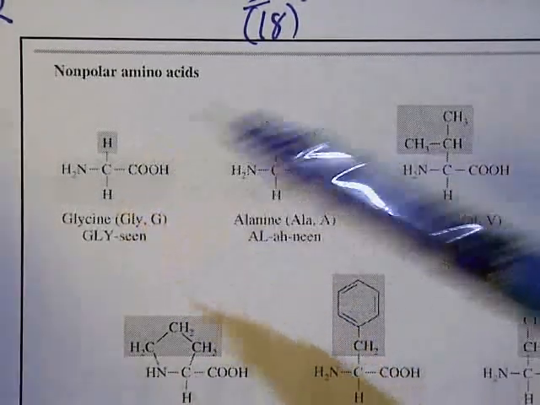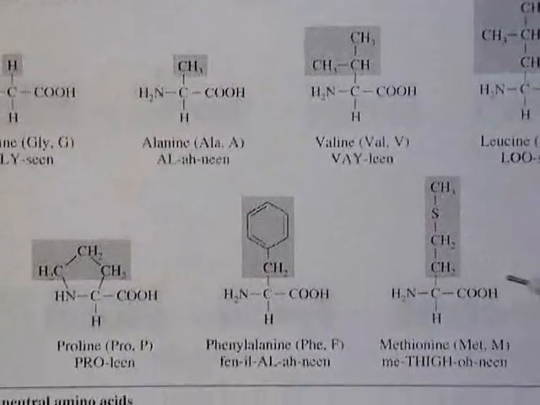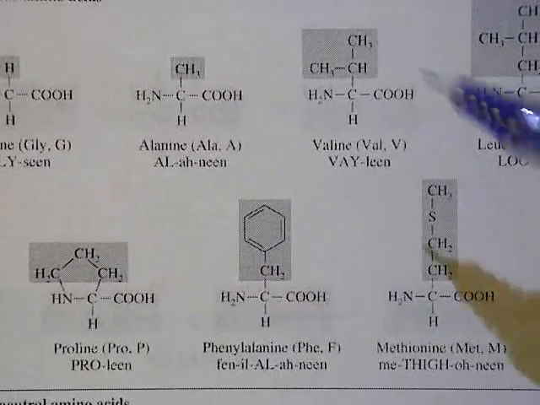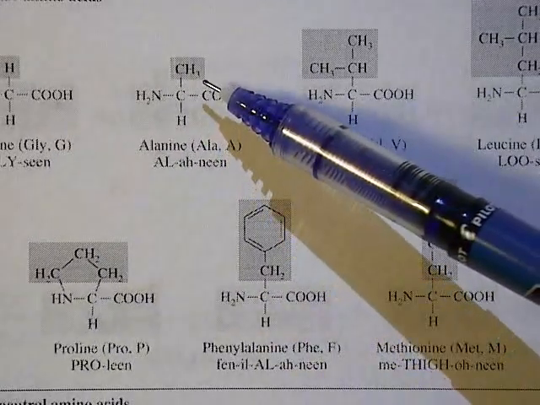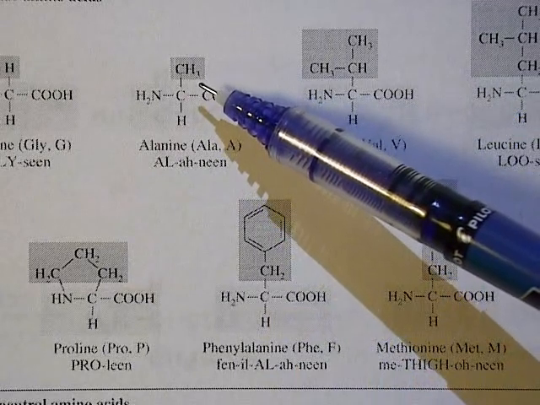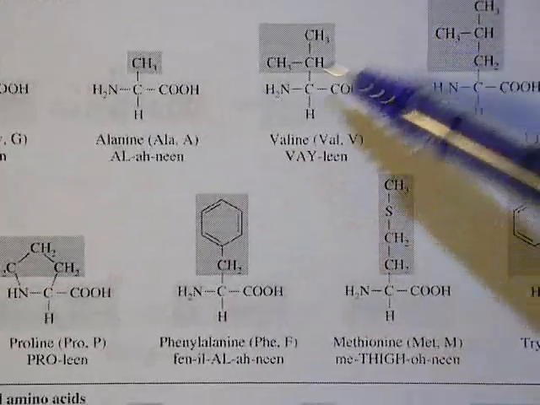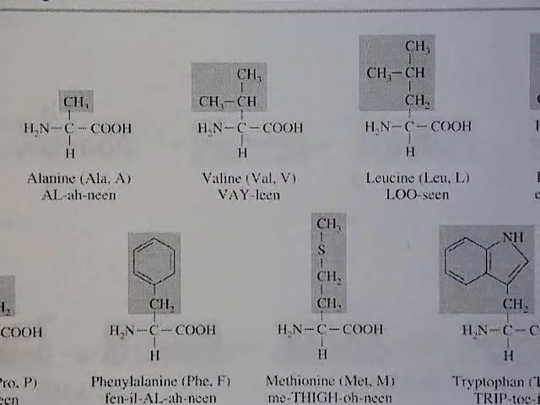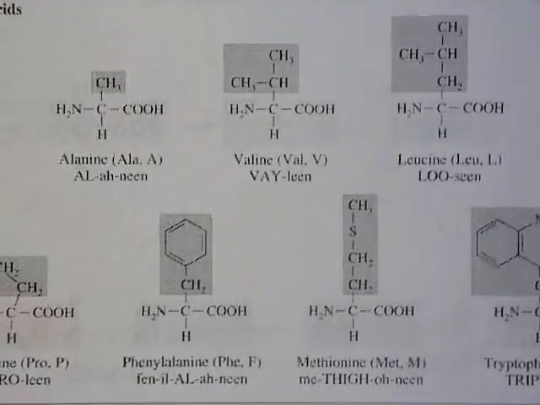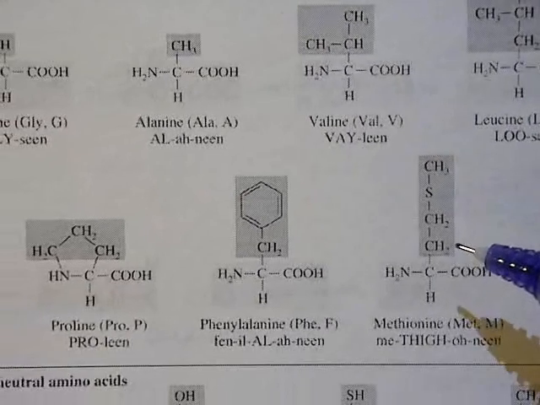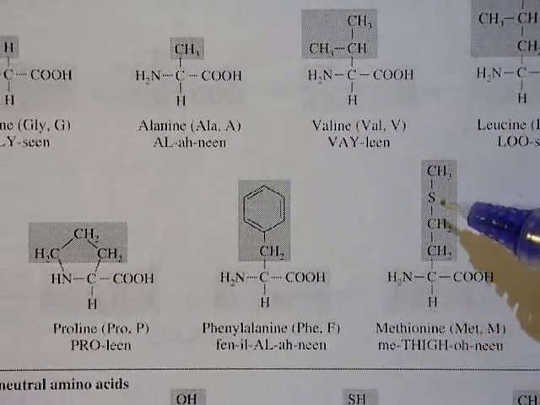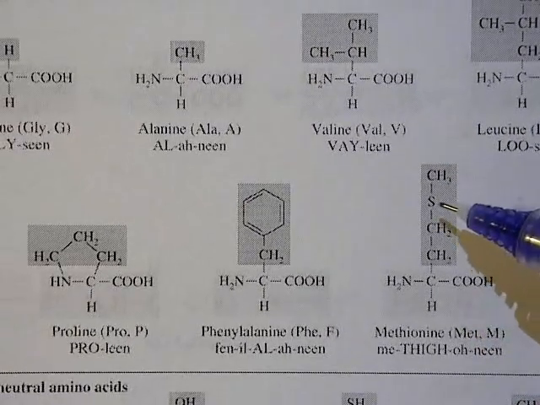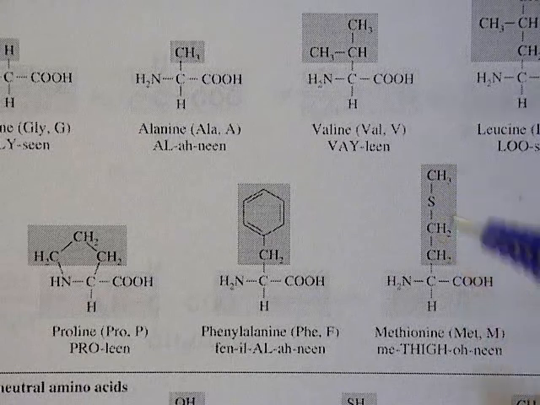So what's common about all the amino acids in here is that you see non-polar side chains. In other words, carbons and hydrogens, hydrophobic types of side chains. Okay, so all these belong to this. The thiol, it doesn't have an SH, it's a methyl thiol.